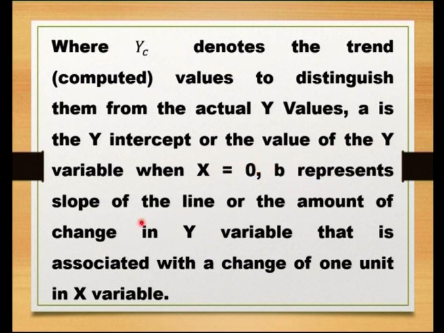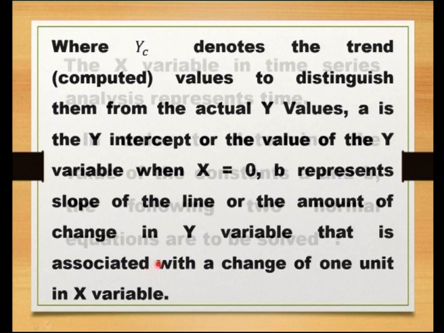B represents the slope of the line, or the amount of change in the y variable that is associated with a change of 1 unit in the x variable.